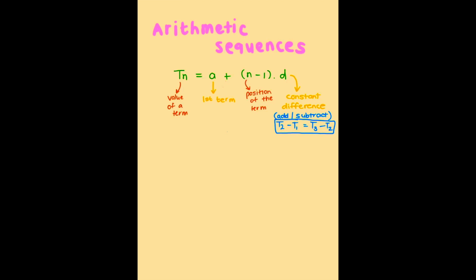So let's get down to an example, and you're just going to see how super basic this is. If I'm given the pattern 1, 3, 5, 7, 9, dot, dot, dot. When I say dot, dot, dot, what I mean is that this pattern is continuing.